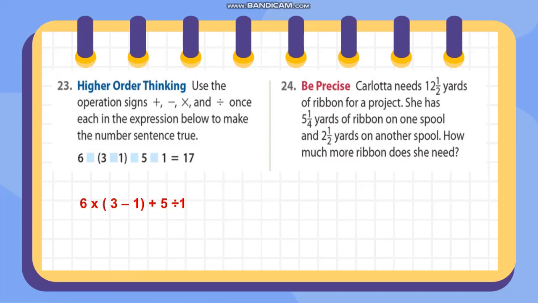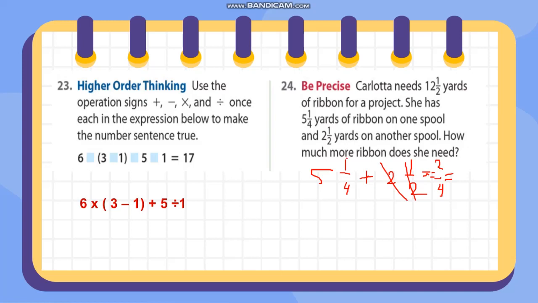So 5 and 1/4, we're going to add 5 and 1/4 to 2 and 1/2. To add that, we need to make the denominator 4 to make it equal. So the equivalent fraction is 2/4, so 2 and 2/4. 2 and 1/2 is equivalent to 2 and 2/4.